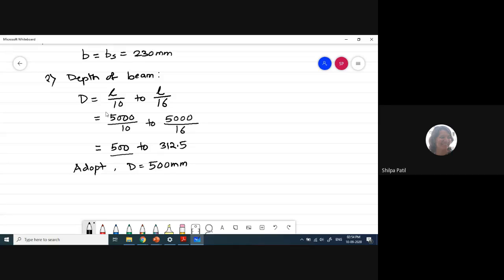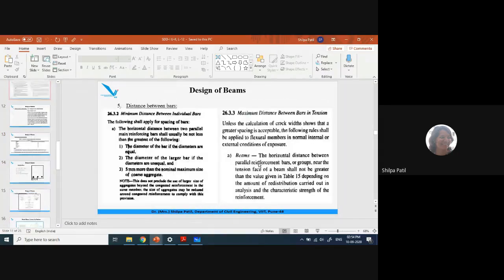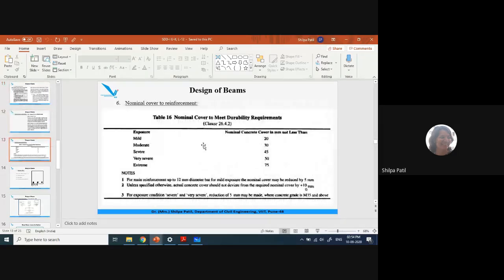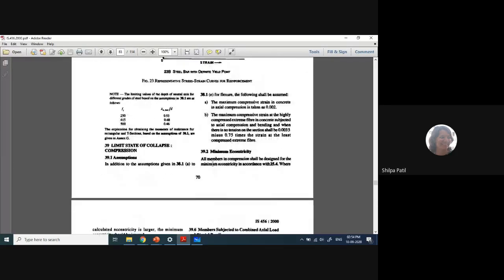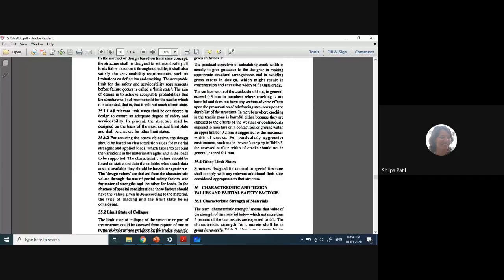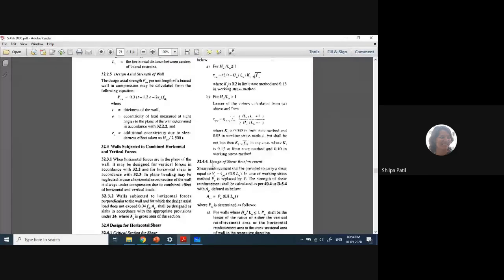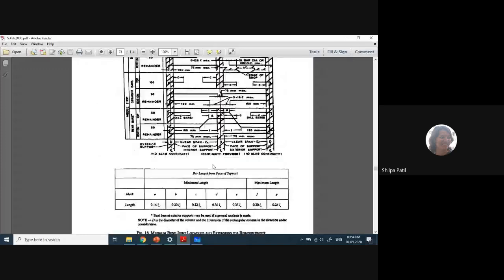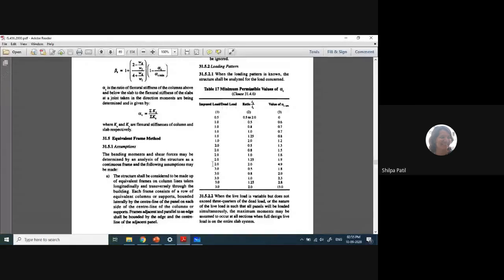So to decide the effective cover, let us go to the clause given in the code. We have to refer to table number 16. So I will open the code now, and all of you also open the code and table number 16. Now in the problem statement, the exposure conditions are not given, right?